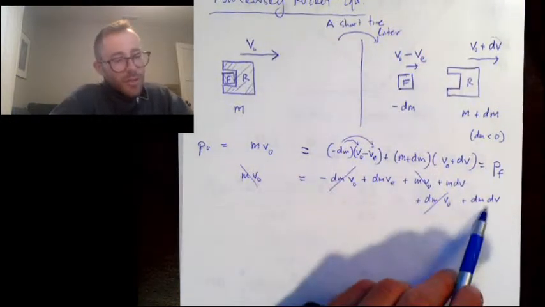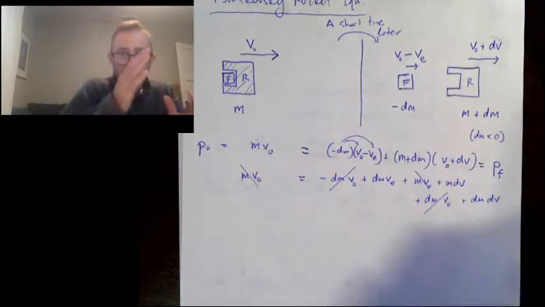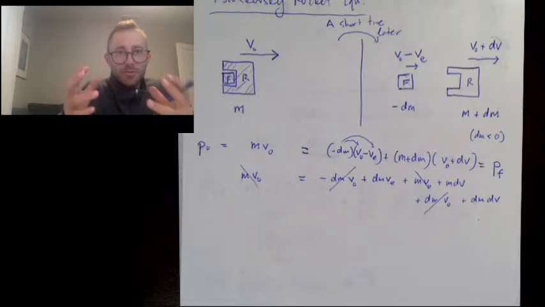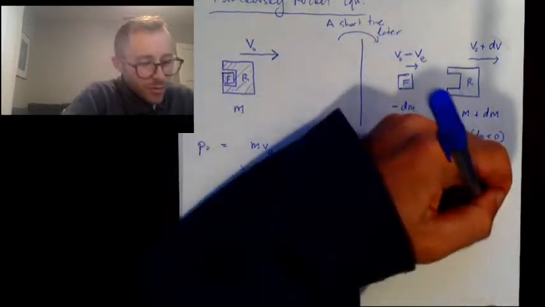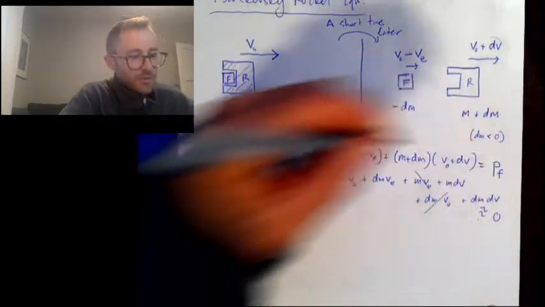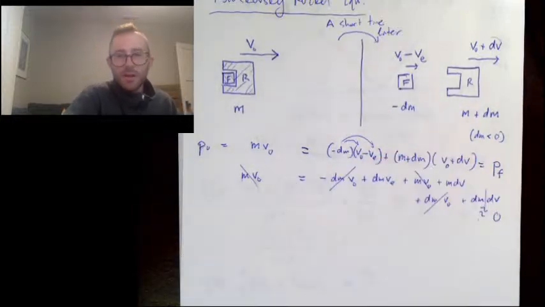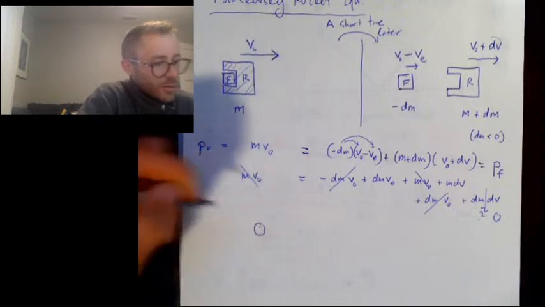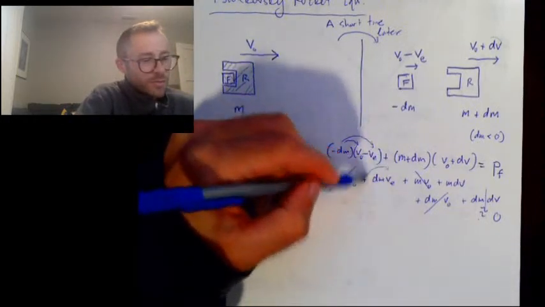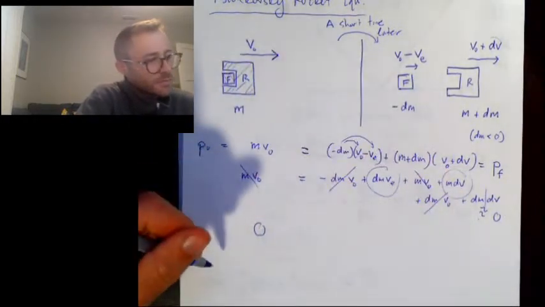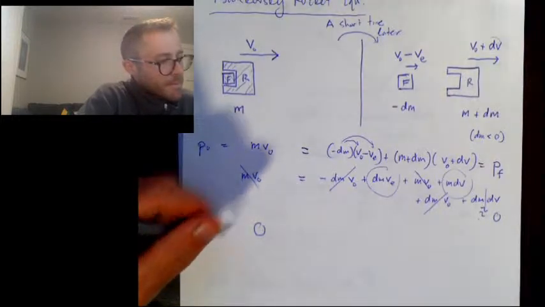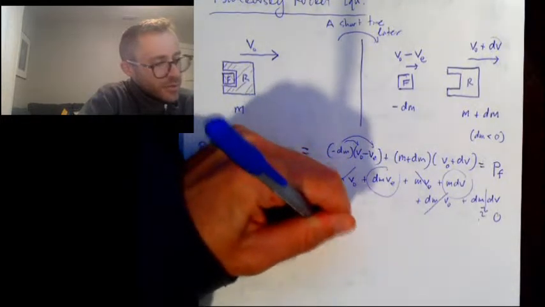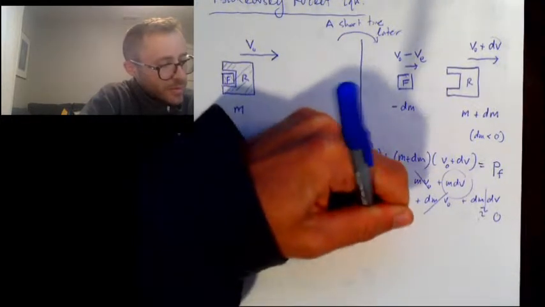So this term is a really small number times a really small number, which is approximately 0. So we're going to neglect that term as well. We're only left with two terms: dm times the velocity of the exhaust plus m dv.